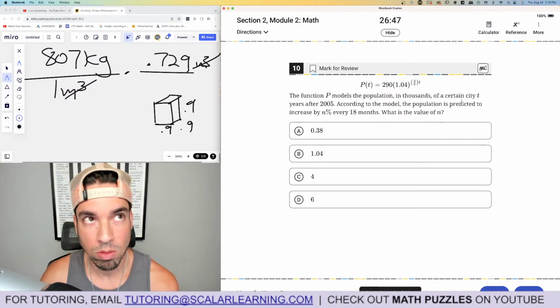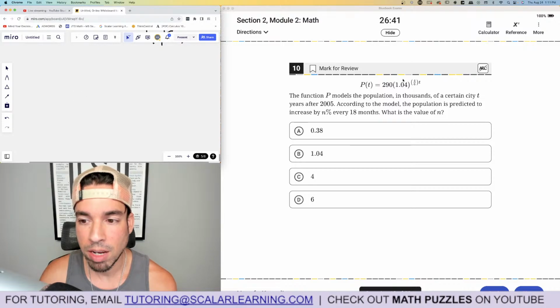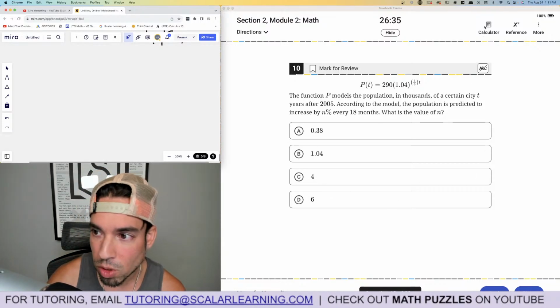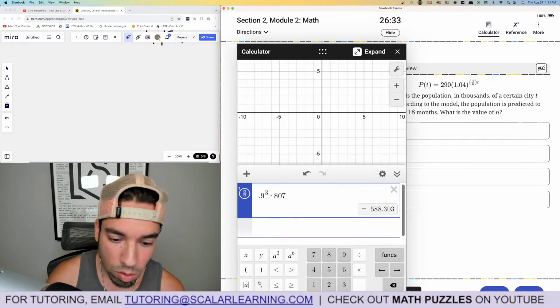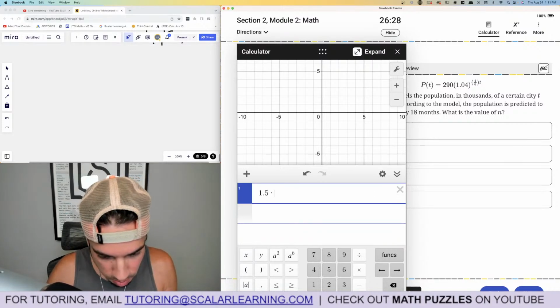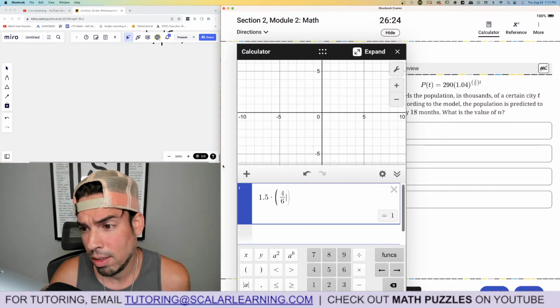No, wait. Hold on. I'm going to have to plug in 1.5 for t, so 1.5 times 4/6, because that's 18 months. 1.5 times 4 over 6. Oh, is it 1? So it's just 4%.